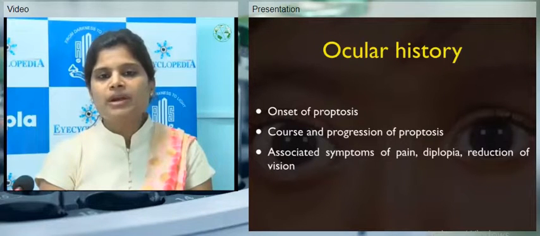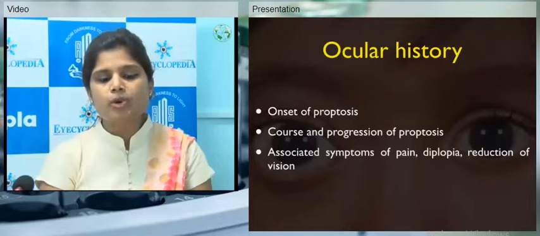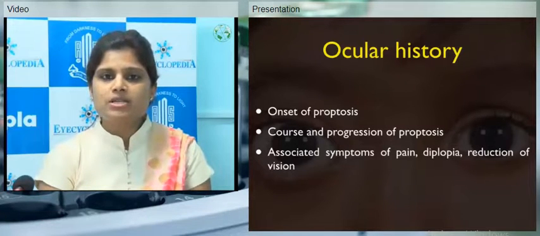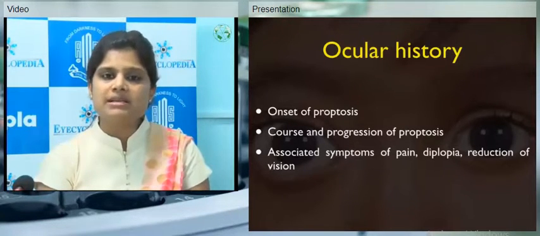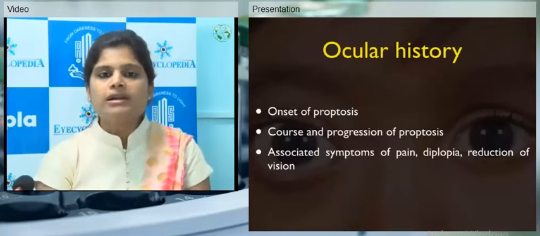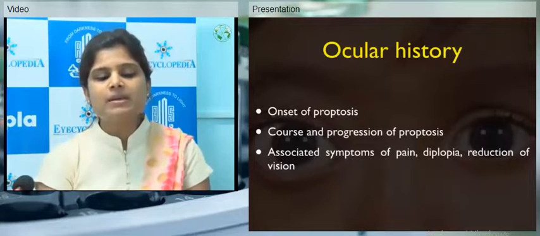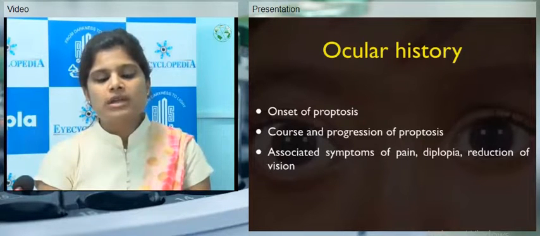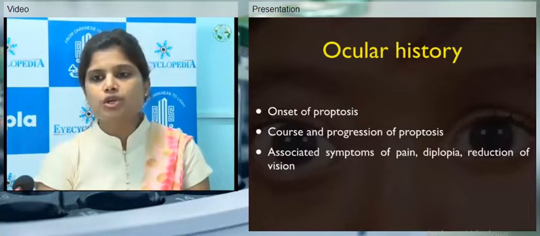Second, diplopia. Asking the history of diplopia is very important, because it gives us a clue that either the muscle is affected or the nerve supplying the muscle is affected, which is causing diplopia. So the history of diplopia gives us a clue that it is something related to the muscle.